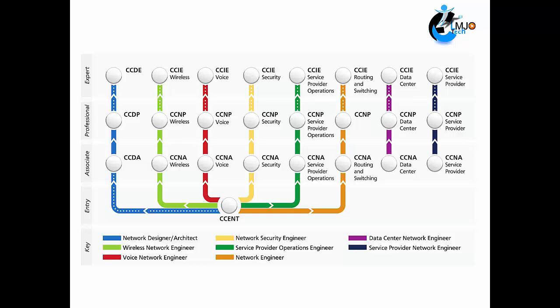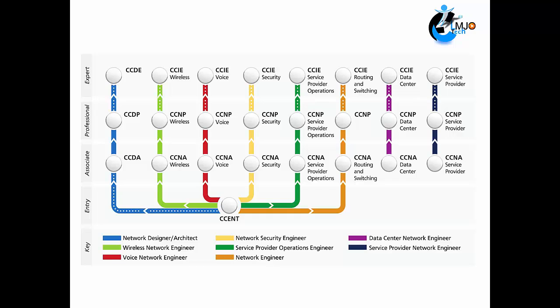What are the things you have to keep in mind before designing a network, like cost, security, reliability, speed. All of these things are very important whenever you are designing a network. So CCDA is going to give you all the knowledge that you need before designing a network.